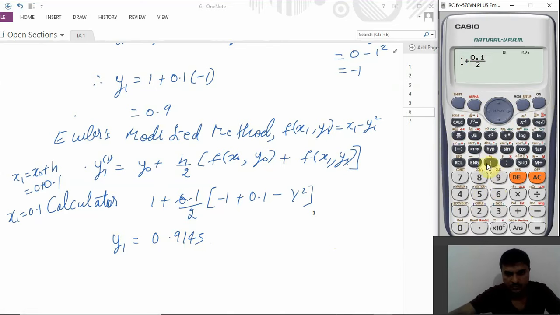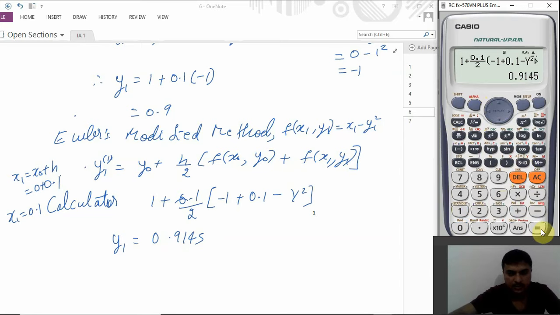Okay, so again repeat this process students, equal to, now you can put 0.91318 equal to, yes students, that's it. For 3 decimal places you can see y3 is equal to 0.9133.